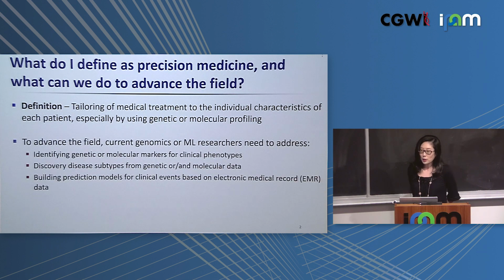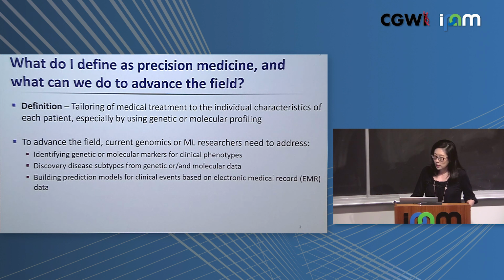There are three problems which genomics and machine learning researchers, basically everyone in this room, need to address to advance this field. First, biomarker detection, identification, second, disease subtype discovery from molecular data, and finally, prediction model construction based on EMR data.